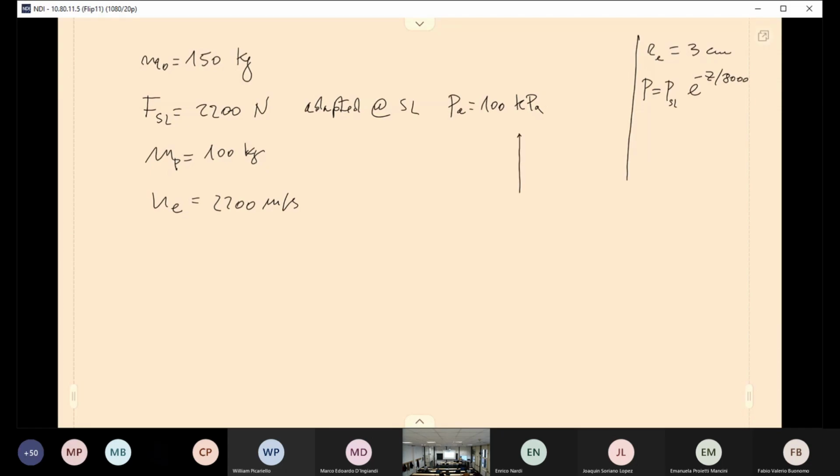We are going up vertically. Up to this point. And we have of course the gravity force mg, and we are considering, so this is z, 0 at sea level, and we'll have a given velocity that we reach at this point.